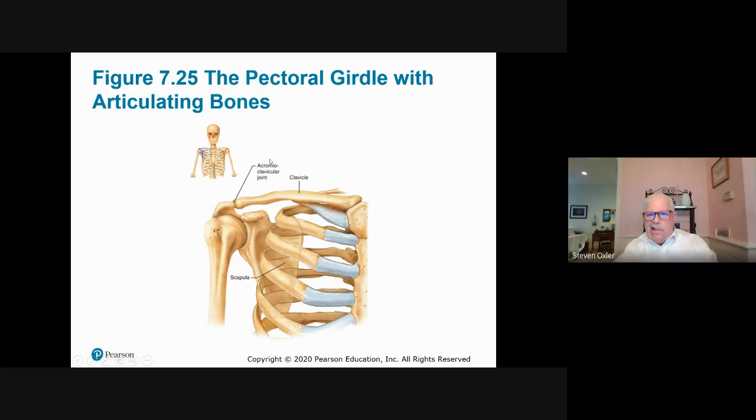This is your AC joint, a common injury in football players when they are hit from behind. When you're hit from behind, this joint pushes forward and dislocates. That's why it is illegal in NFL football to hit somebody from behind. It's a penalty.